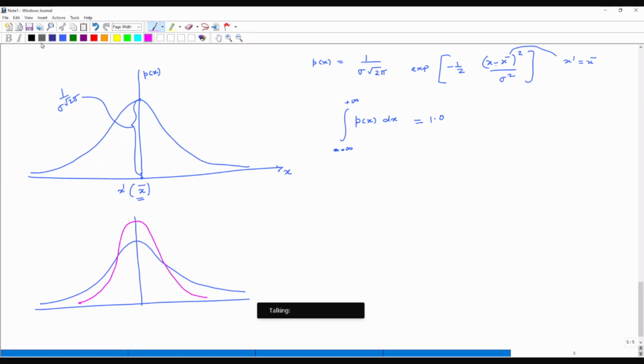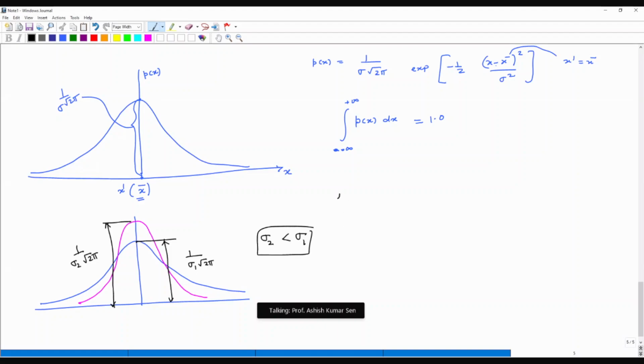So I can say that this height here could be 1 over sigma 1 square root of 2 pi, and this height here is 1 over sigma 2 square root of 2 pi. I can say that sigma 2 is less than sigma 1.